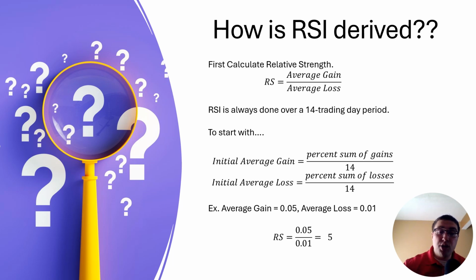Likewise, the initial average loss is a summation of all those losses percent-wise divided by 14. Very simple math. The average gain was 5% for a 14-day period, but the average loss was 1% for a 14-day period. The relative strength itself equals 5. Very simple.